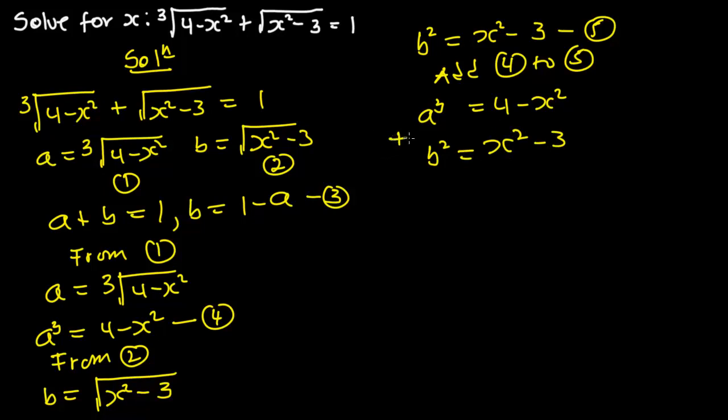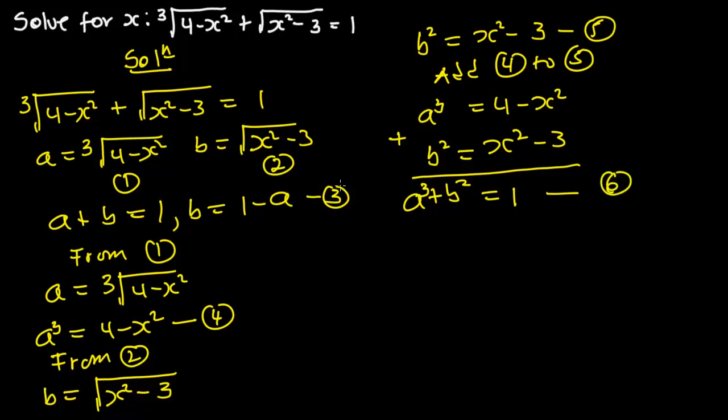When we add these two equations, we are going to have a cubed plus b squared, and this will be equal to 4 minus 3, which gives us 1, and then minus x squared plus x squared gives us 0, so I'm not going to write that. Let's call this equation number 6.